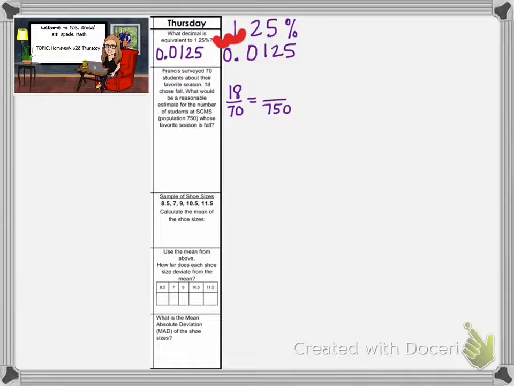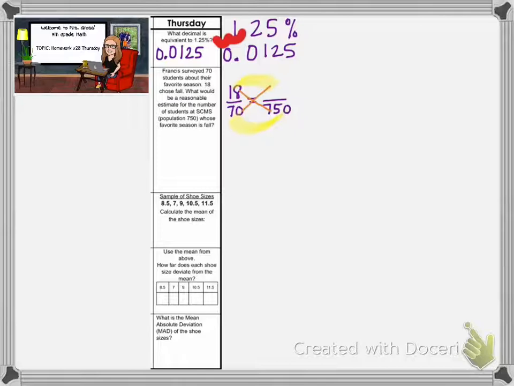You can either look at it this way, where you see how many times 70 goes into 750, and then you would multiply 18 by that to get your answer. Or you can do it the cross multiplication way, where you do 18 times 750 and then divide that by 70 and get your answer.